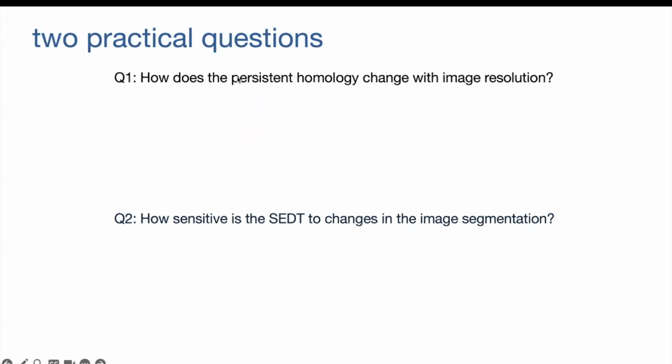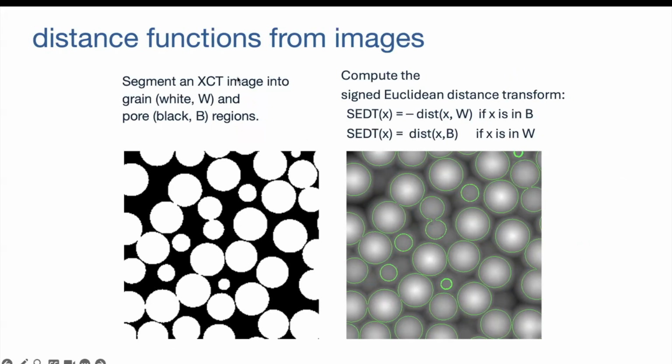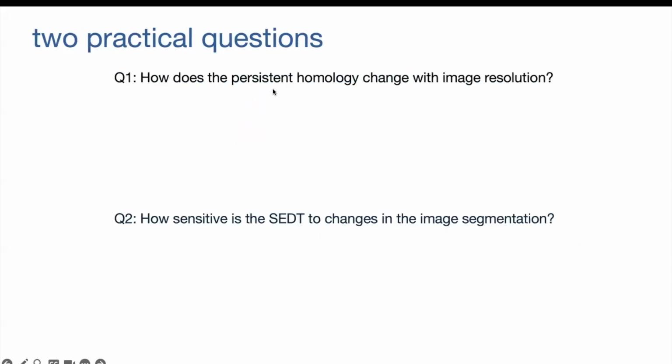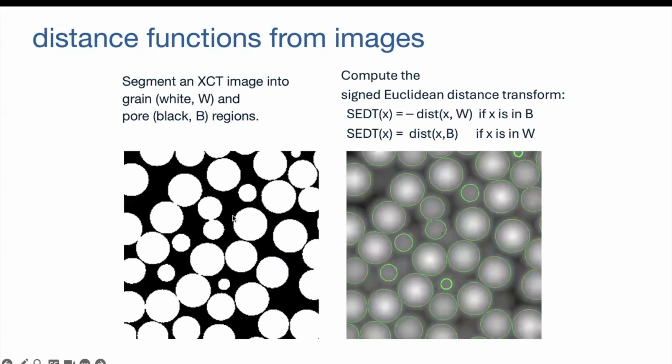So there were two quite practical questions that my collaborators were always interested in, to do with how does persistent homology change if we change the resolution of the voxels that we've used in our image acquisition and so on, and how sensitive is that distance transform to changes in segmentation, right? Because my first step is to segment, and we all know that segmentation algorithms are a bit unreliable, right? So how robust is that distance transform with respect to segmentation?